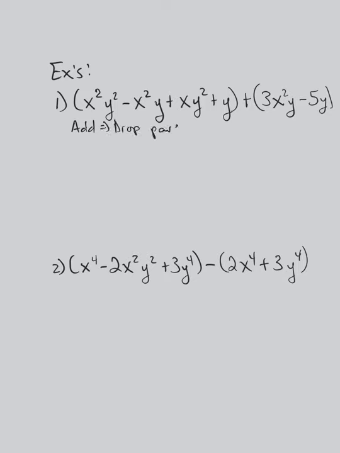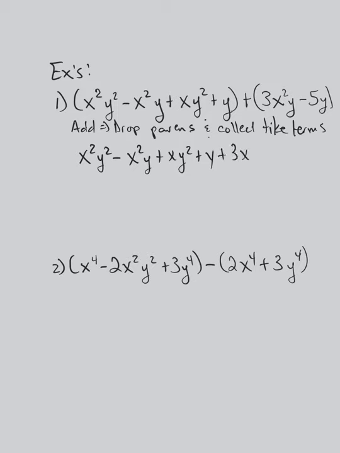And then if there's any like terms, we collect like terms. So all we really have here is x squared y squared minus x squared y plus xy squared plus y plus 3x squared y minus 5y.